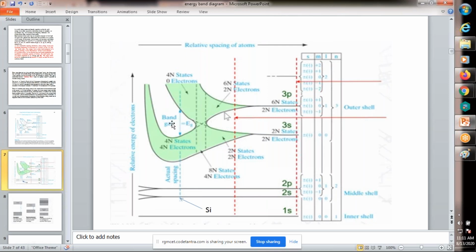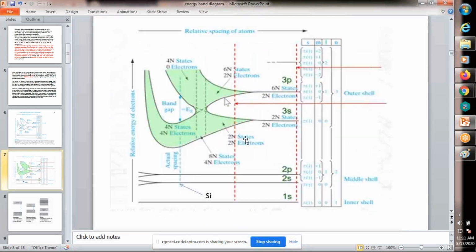For silicon, the energy band gap is 1.1 electron volt. For germanium, it is 0.68 electron volt. This is the band structure, the band diagram of silicon. We already discussed this in the last class.